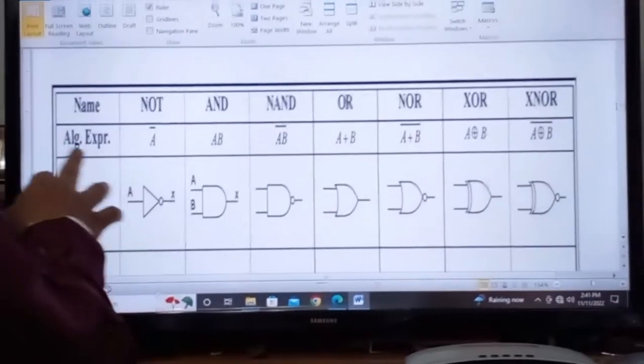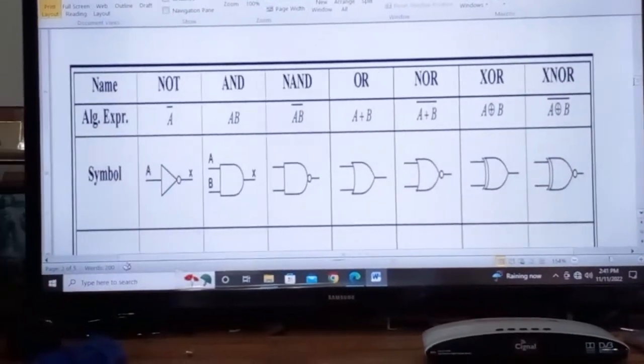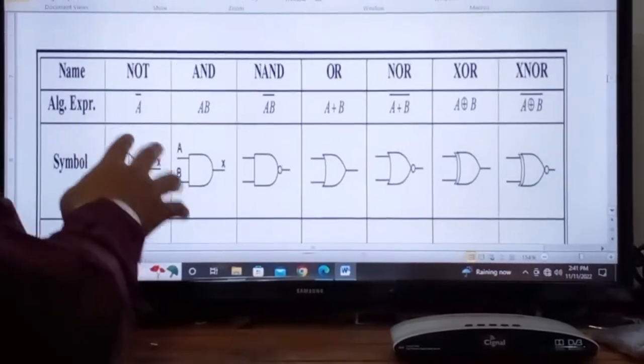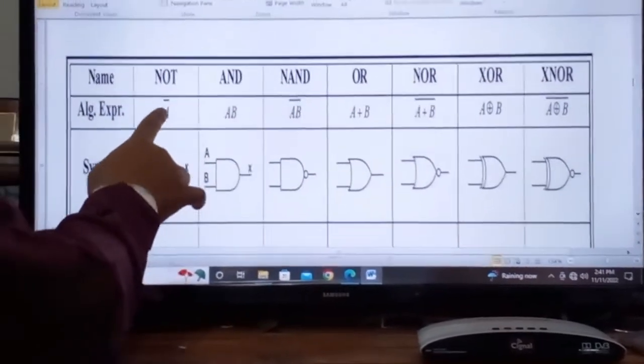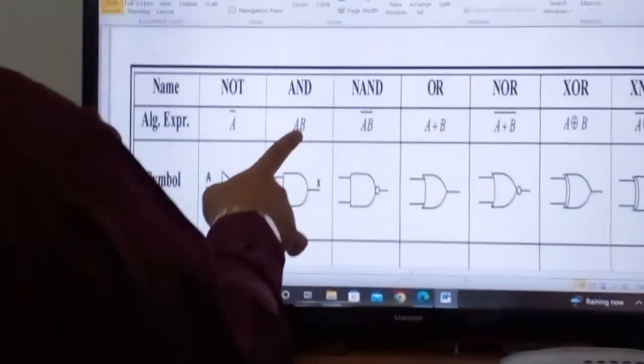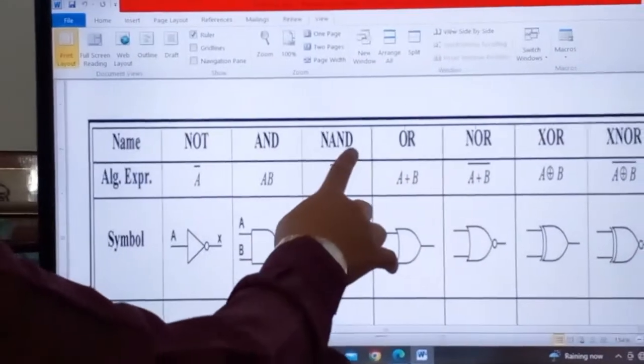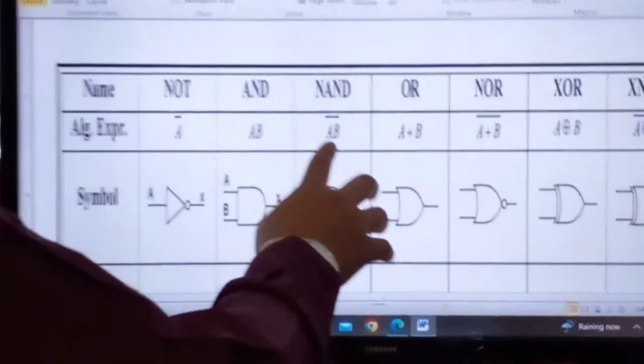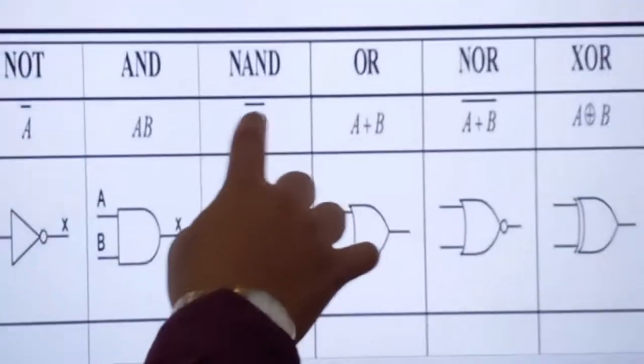So as I said, sa algebraic expression, if not, naay bar sa ibabaw, so it means not. Sa AND, gigamit is multiplication, A and B. Sa NAND, A and B multiplication with bar sa ibabaw.